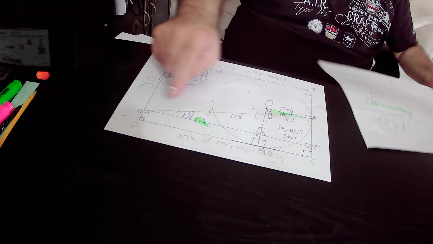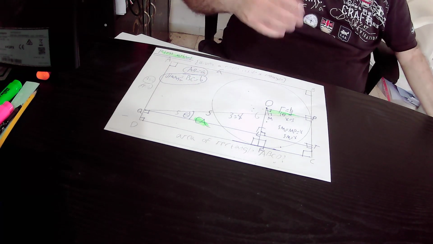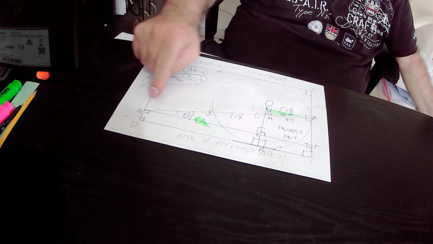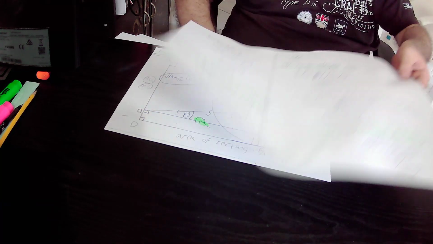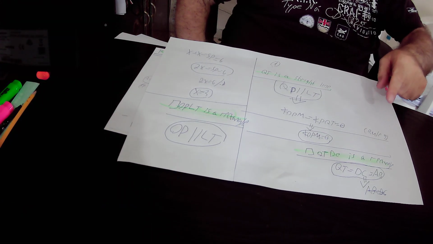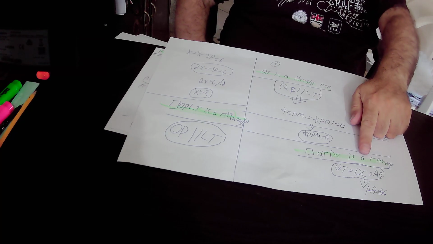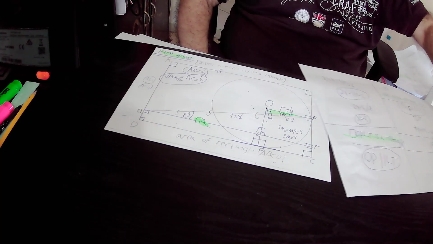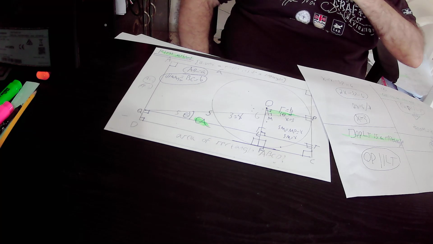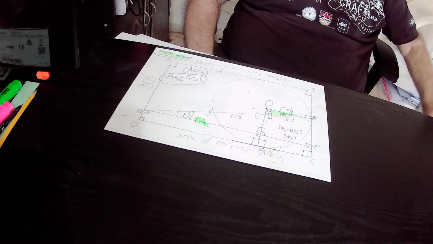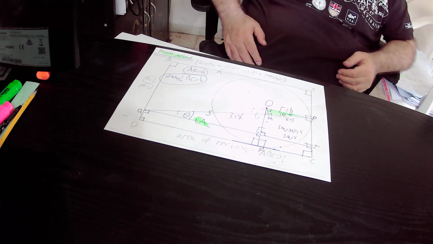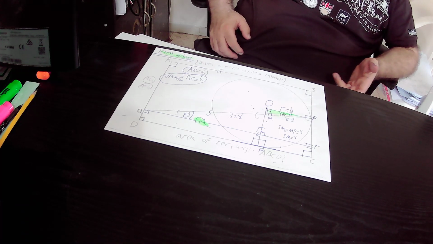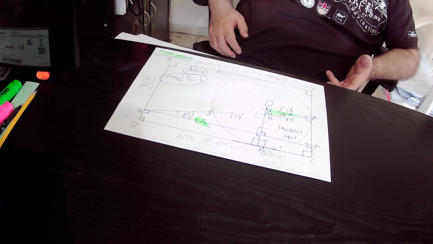Quadrilateral QTDC is a rectangle. We know that the opposite sides of a rectangle are equal to each other. That is to say, QT equals DC. But DC is part of rectangle ABCD, and we know that ABCD is a rectangle, so the opposite sides of rectangle ABCD must be equal to each other.